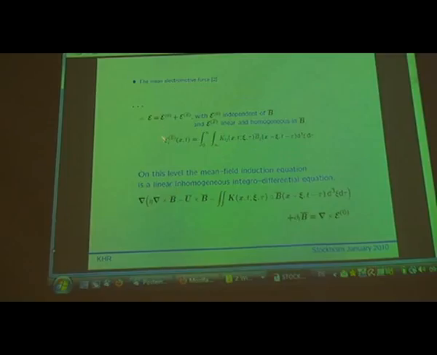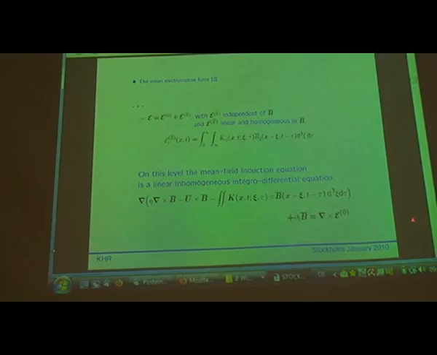Once more, you can represent the part B in this way, and if you write it in the induction equation, you get this. These are the old, the familiar terms. Here is the EB, and here I have written the E0.